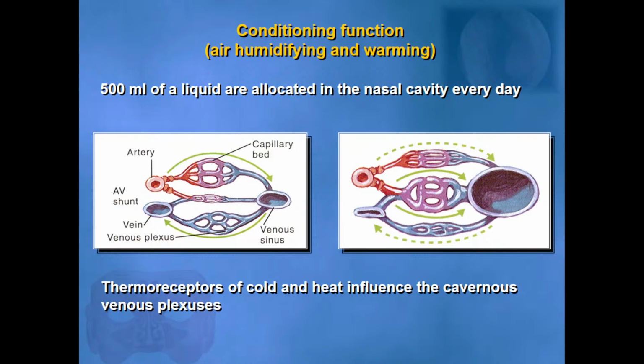The flow of blood in these vessels increases, and it leads to reducing the volume of the nasal cavity due to swelling of the nasal mucosa, and it leads to warming of the air that passes in. In a case of hot environmental temperature, it will be the opposite situation.